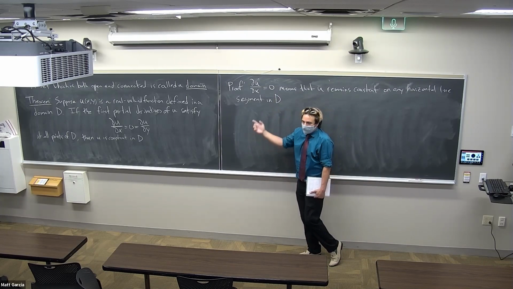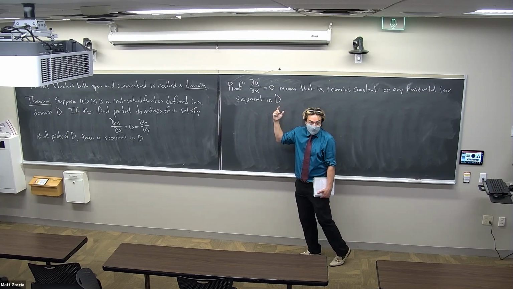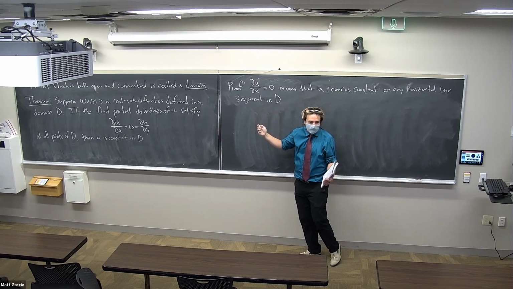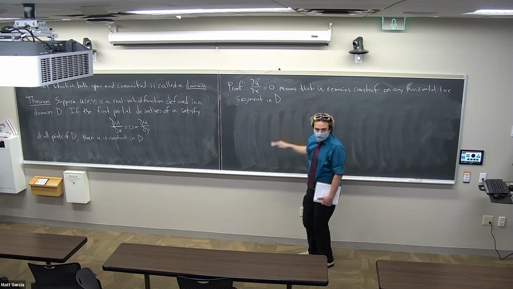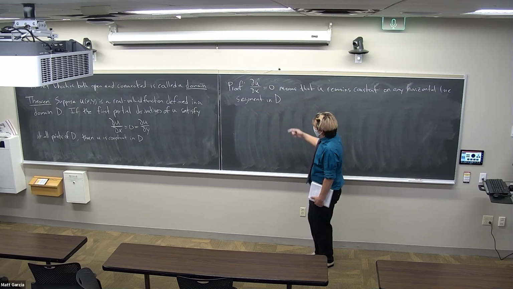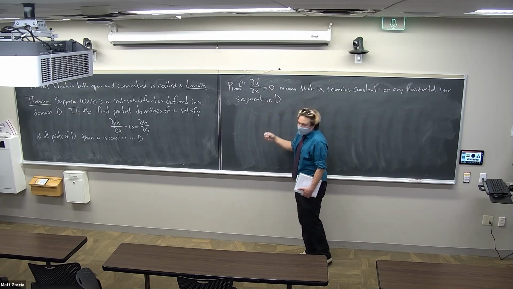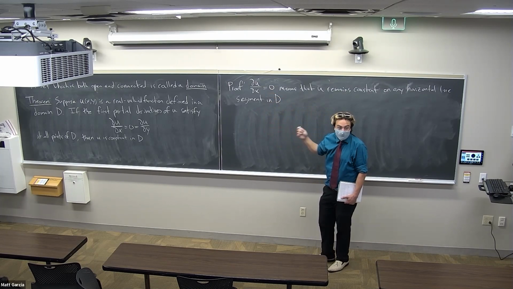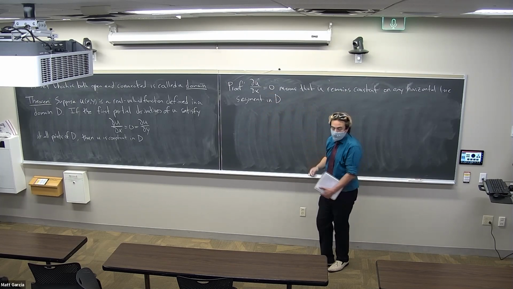And if our derivative is 0 along that line, we know our function must be constant. So any horizontal line segment satisfying this means that our function is constant along that line segment.